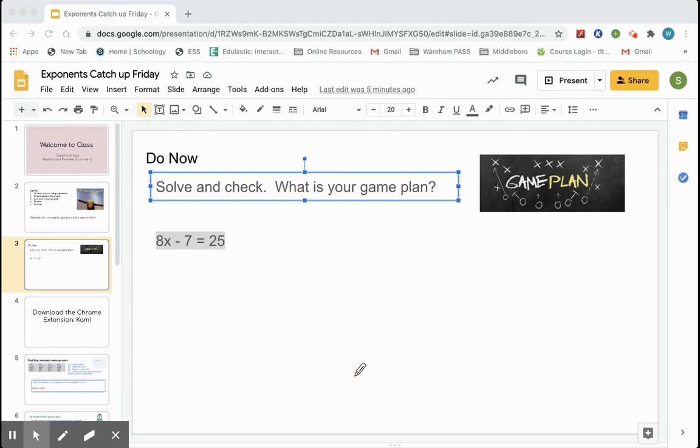And now I'm going to subtract 7, so I get an answer of 25. And if I look on the right-hand side of the equation, that is what it is supposed to equal. So this equation checks. And I know I've correctly solved the equation.